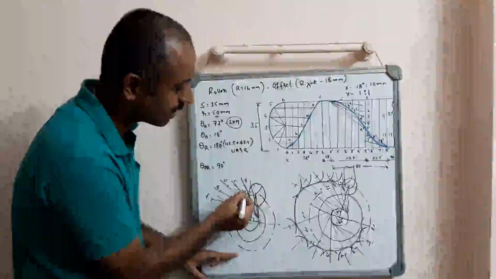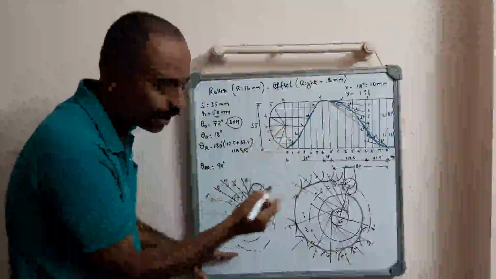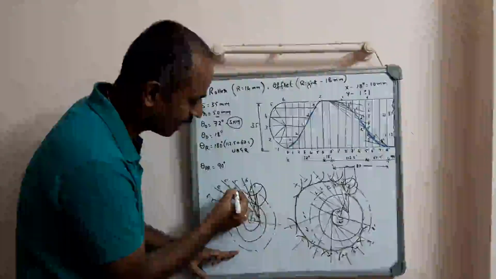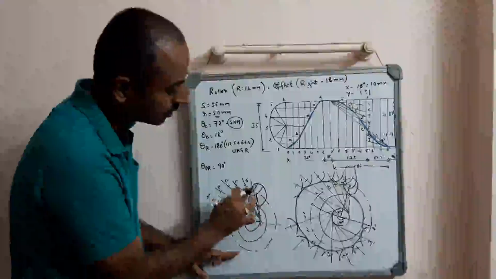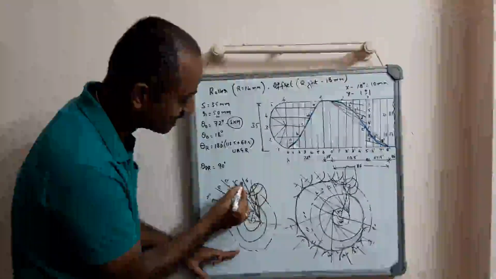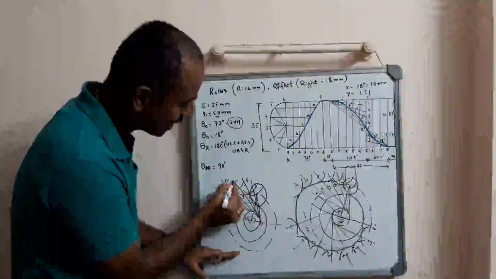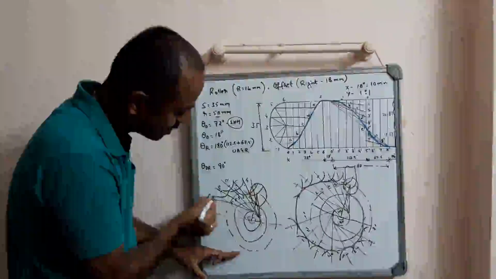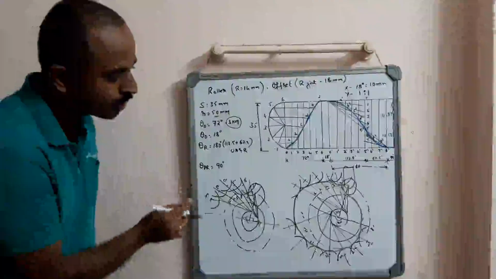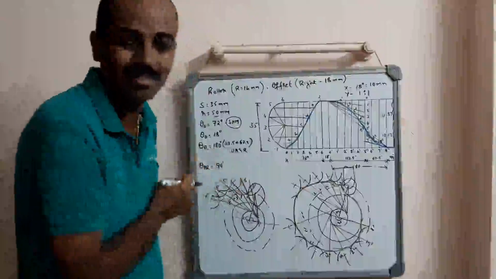Similarly, with B as center and the same radius, the arcs will overlap. You need not worry about that. With C as center, D as center, E as center and with F as center, go on drawing the roller arcs like this.